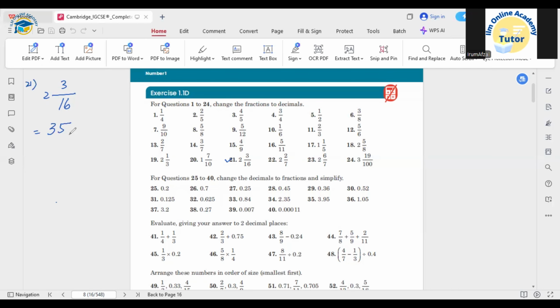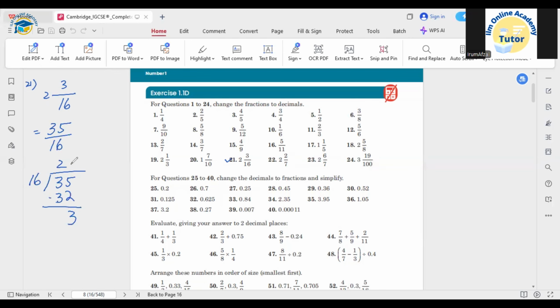So 35 by 16. Now we need to convert this number into a decimal number. Accordingly, we are going to keep this 35 inside and 16 outside. So 16 2 times 32 would be better.